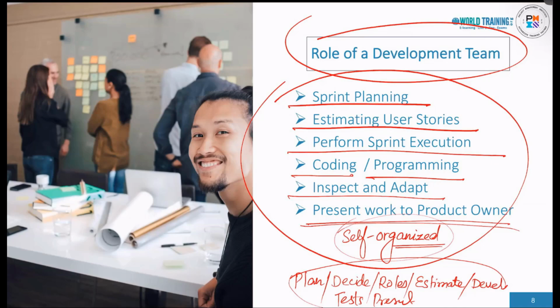On the other hand, team members perform the work. They perform sprint planning. They estimate the work. They define acceptance criteria with the help of the product owner. They perform coding and programming. They inspect and adapt, and they present work to the product owner and complete the work.